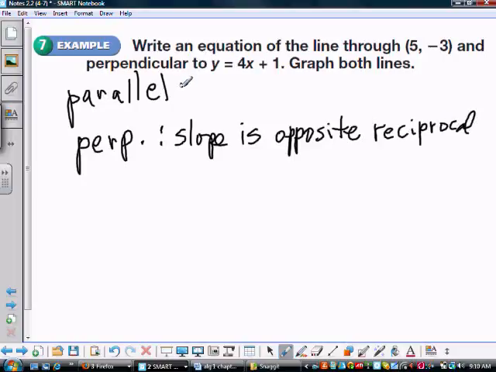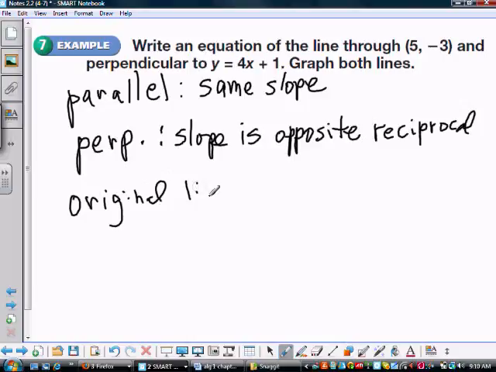And for parallel lines, same slope. Okay. So my original line has a slope of what? 4.